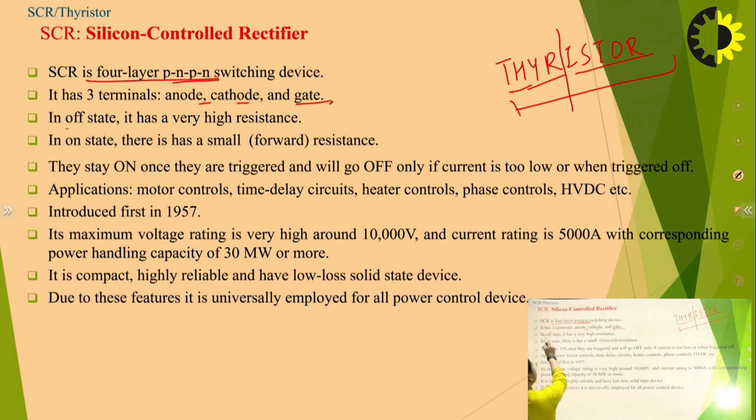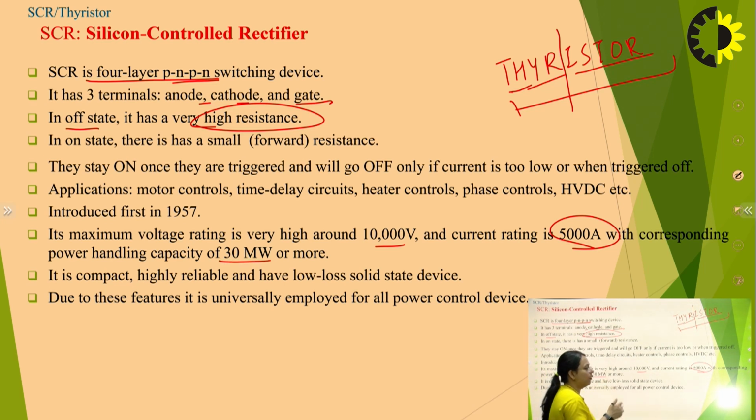In the off state, it has a very high resistance, while in the on state, it has a very small resistance. This SCR was introduced in the 1950s, in 1957, and since then it has reached a voltage rating of around 10 kilovolt and a current rating of 5000 ampere, with a power handling capacity of 30 megawatt or more possible nowadays.